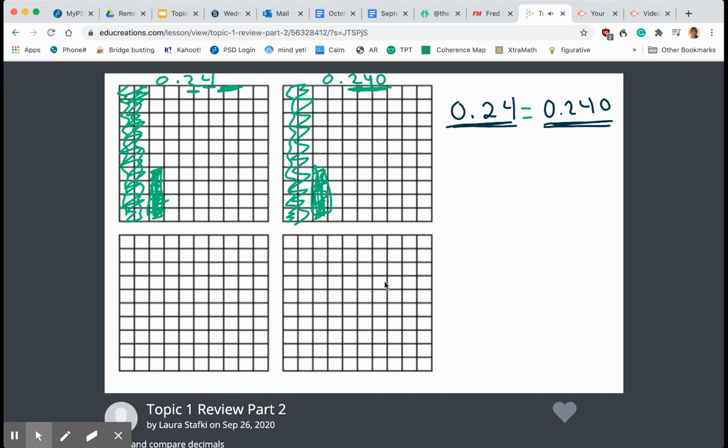So these are equivalent fractions or decimals. If I were to write them as fractions, I would write 24 hundredths is equal to 240 thousandths. That's kind of important to file away in your brain. We're going to come back to that later in the year.